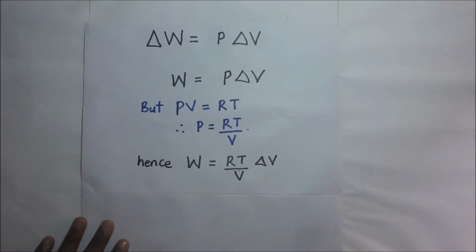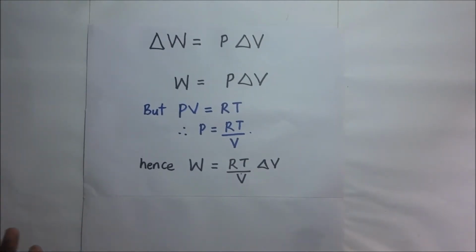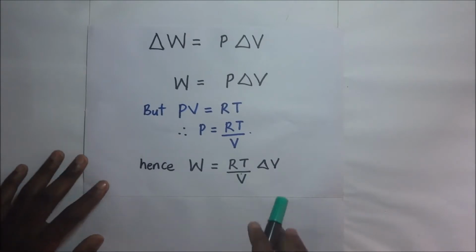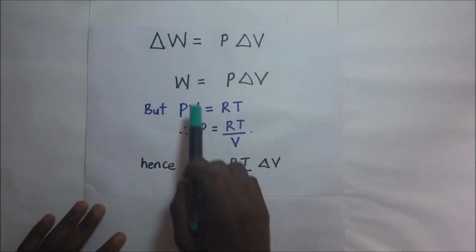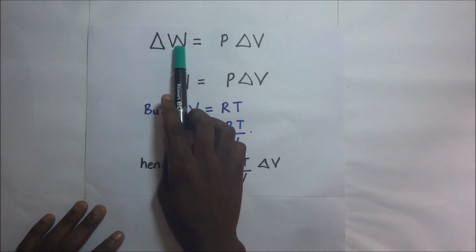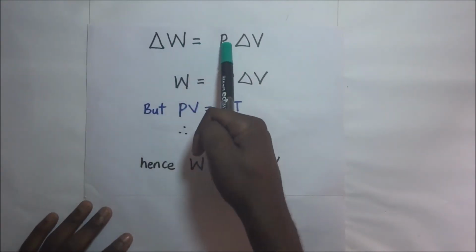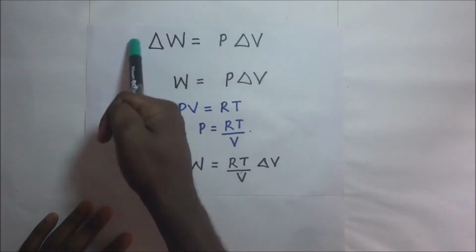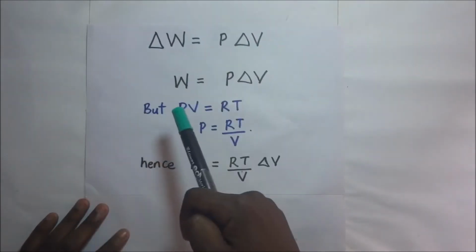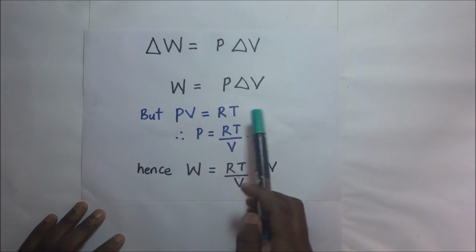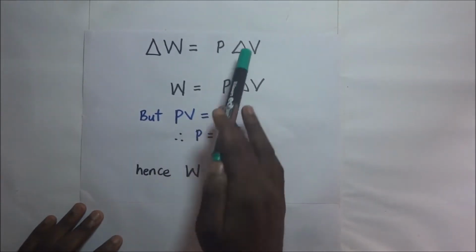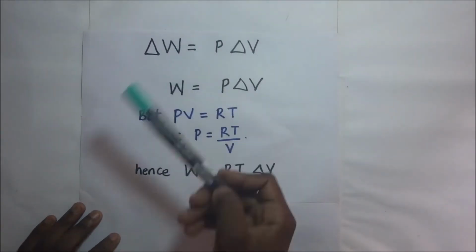We are following through from where we stopped in our previous session, that when we're dealing with work done by a gas that is expanding, the small change in work is given by P times dV. We know where this comes from from our previous session. Now, if we are to proceed with this, we're supposed to integrate it.